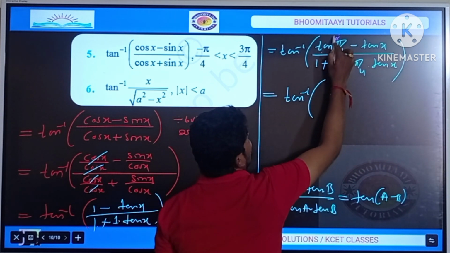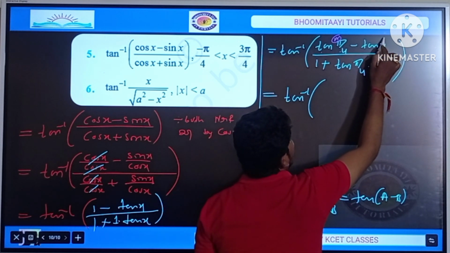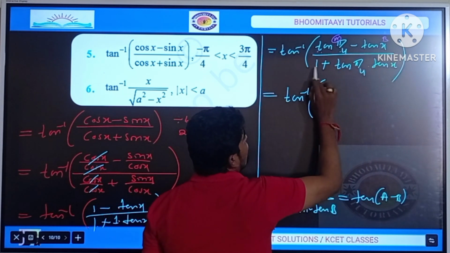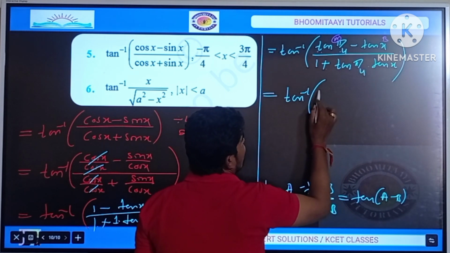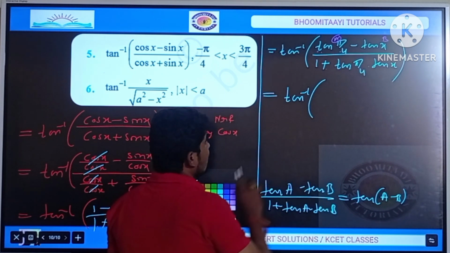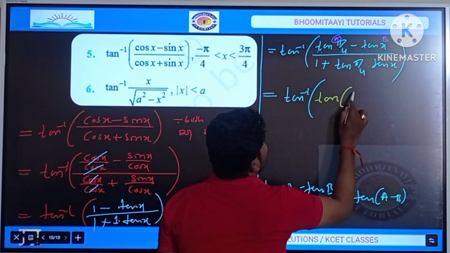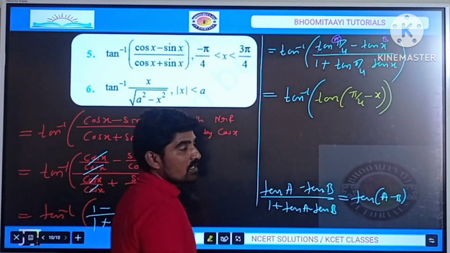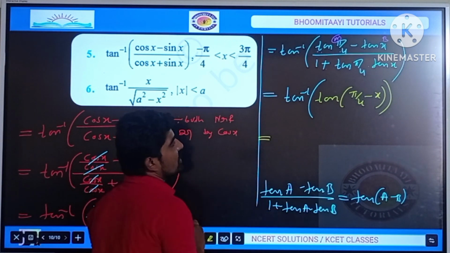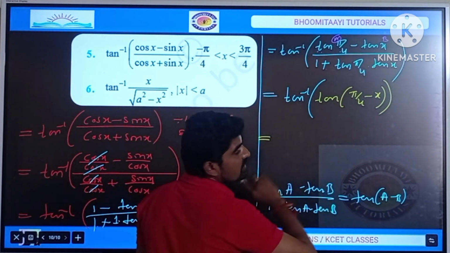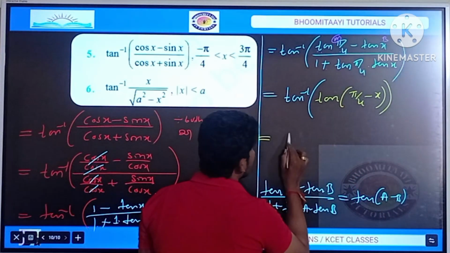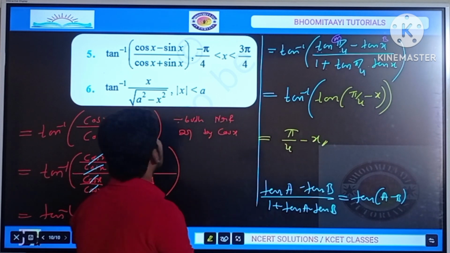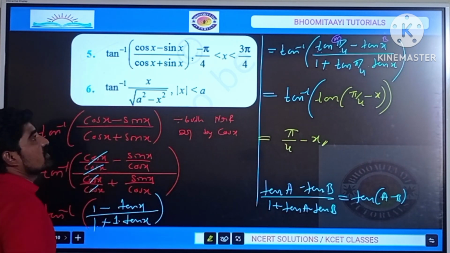A is pi by 4 and what is B? x. Therefore tan A minus tan B divided by 1 plus tan A into tan B takes the form tan of pi by 4 minus x. Now using the inverse trigonometric property, tan inverse of tan x is equal to x. What is x here? Pi by 4 minus x, which is the simplest form of this fifth inverse trigonometric function.